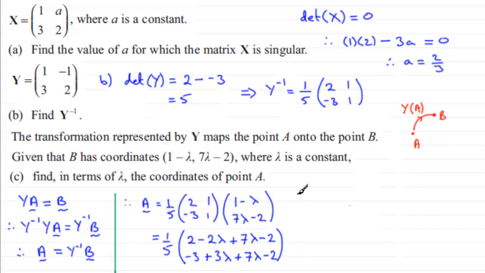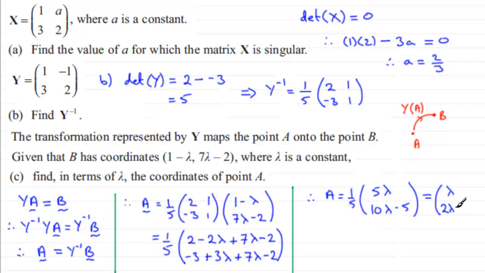If we now simplify this, A equals 1/5 of, grouping the terms up in the first row gives us 5 lambda, and grouping up the terms in the bottom row gives us 10 lambda minus 5. If we take a fifth of these values, we just have lambda and 2 lambda minus 1.